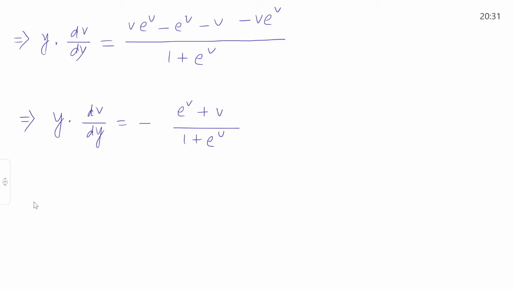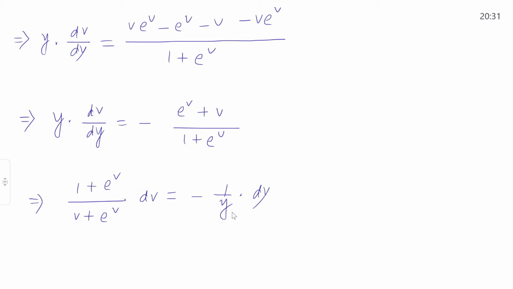Now separate the variable. So numerator is 1 plus e to the power v divided by this term will come to the denominator, meaning v plus e to the power v dv on the left hand side is equal to minus 1 by y will go to the right side into dy.